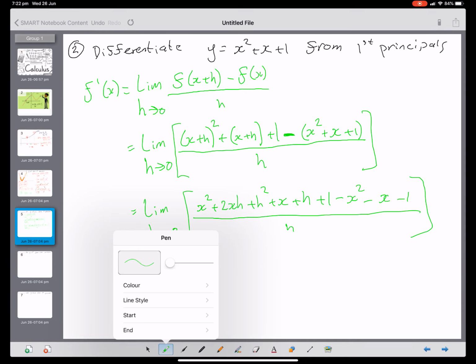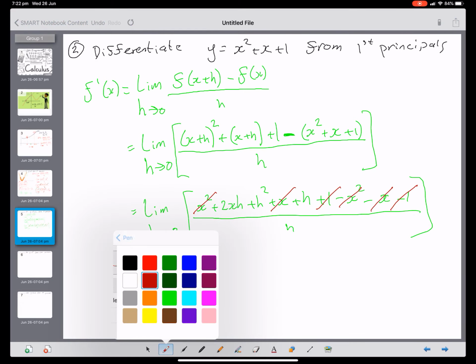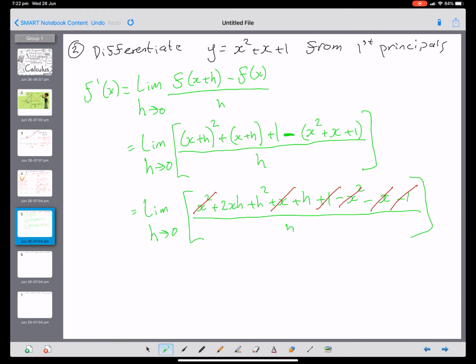Okay, let's see if we can get rid of some variables. We can get rid of the x squared, get rid of the x, get rid of the 1. So we are now left with the limit as h goes to 0. We can factorize h out to get h times (2x plus h plus 1) all divided by h.